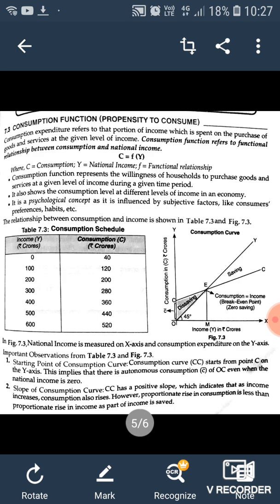When consumption is more than income, before equilibrium point E, where consumption and income are equal, what happens? If you are consuming more than your income, you are dissaving. If you are consuming equal to your income at point E, this is the break-even level. Saving is zero. When income is more than consumption, you are actually saving.